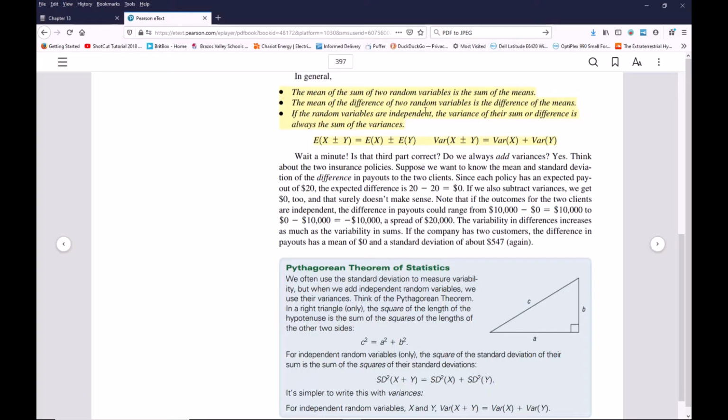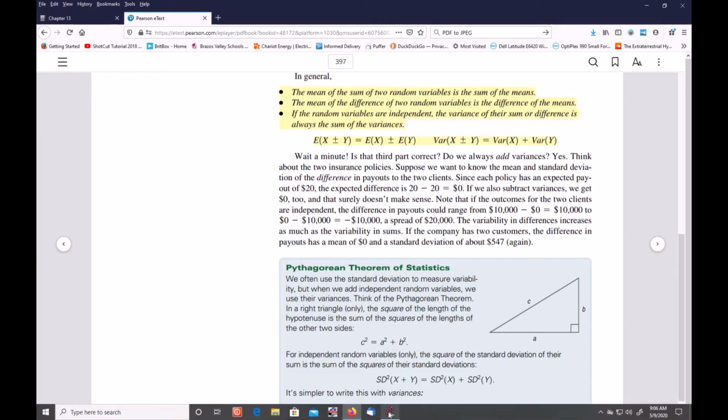The mean of the difference of two random variables is the difference of the means. Here's what we need, the third bulleted point. If the random variables are independent, then the variance of their sum or difference is always the sum of the variances. Okay, so that's like a condition that you have to meet. And we did not meet that particular one.